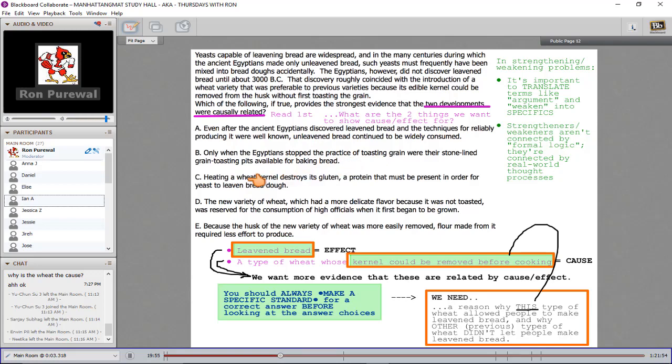Okay. So A has nothing to do with that. B has nothing to do with that. If you look at C, yeah.